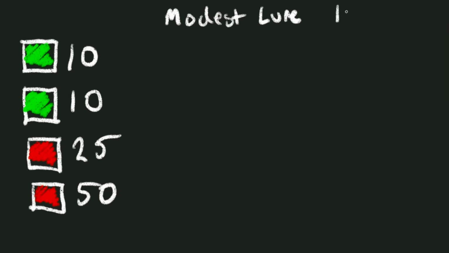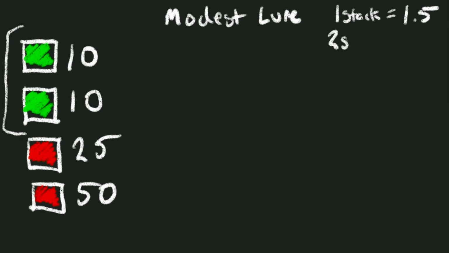Whenever you have one stack, all the weights of the precision hook set fish, so these guys right here, they all get multiplied by 1.5. Okay? 2 stacks, they're multiplied by 3. And at 3 stacks, they get multiplied anywhere between like 5.5 and 6.